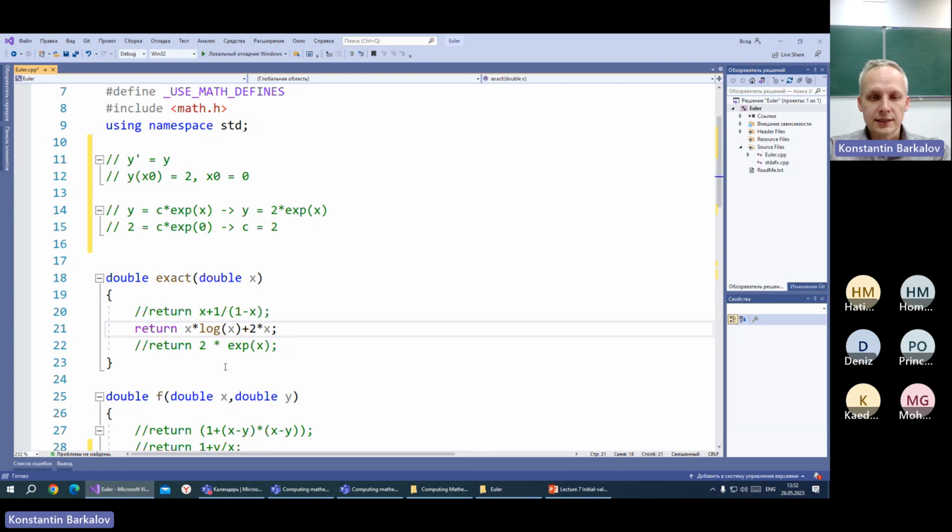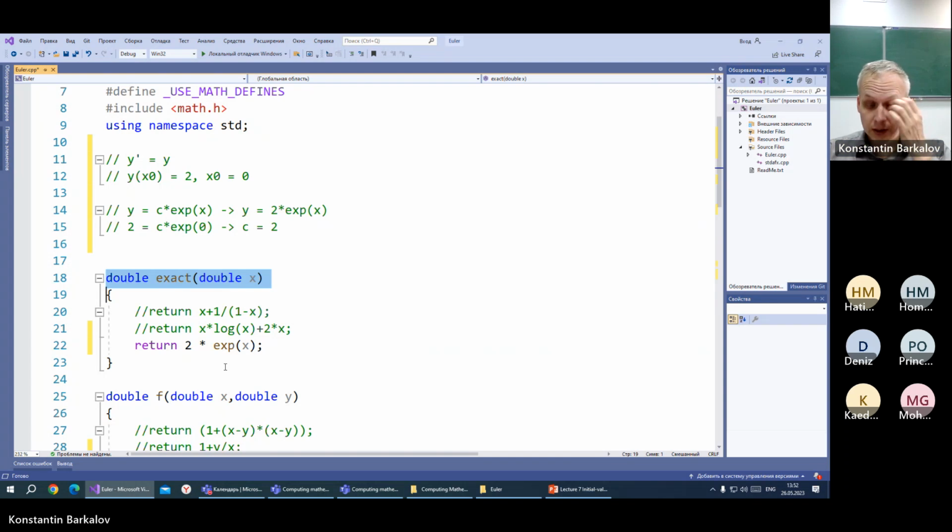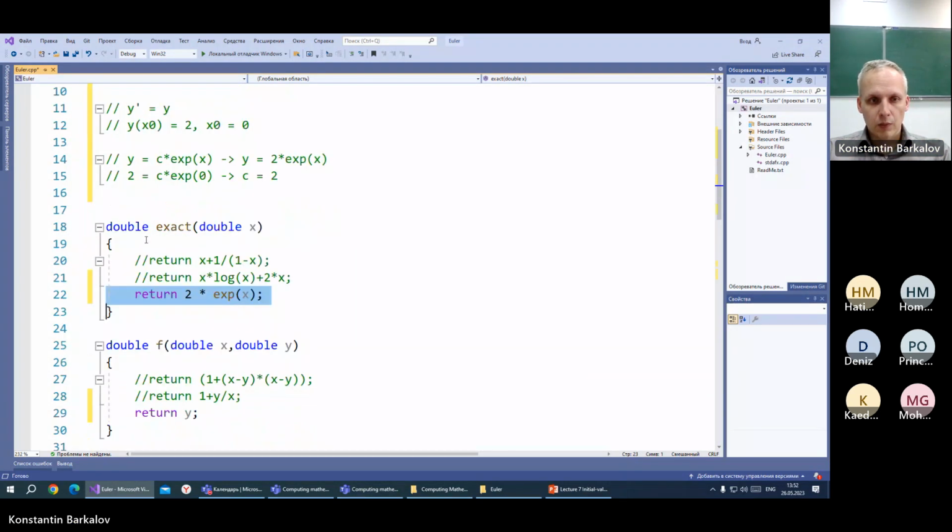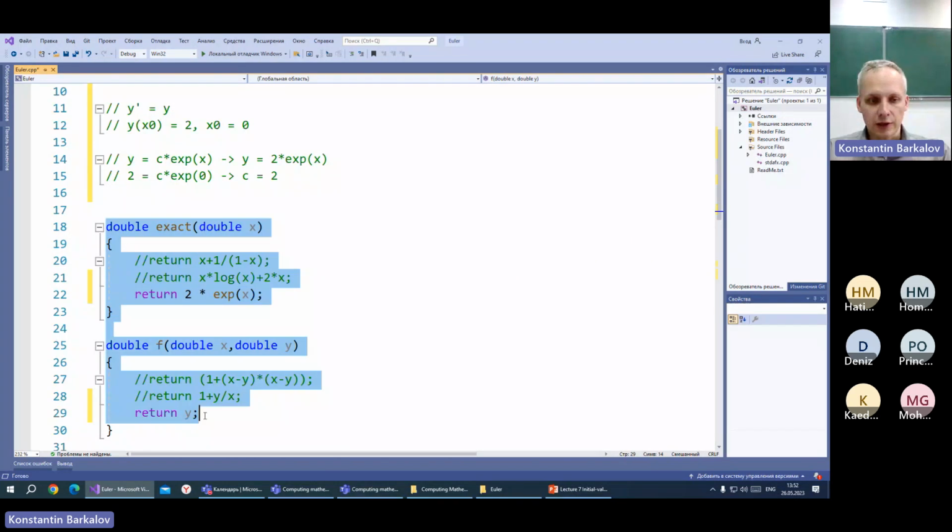So let's declare the function exact that corresponds to the exact solution. Well, these two functions describe the problem.